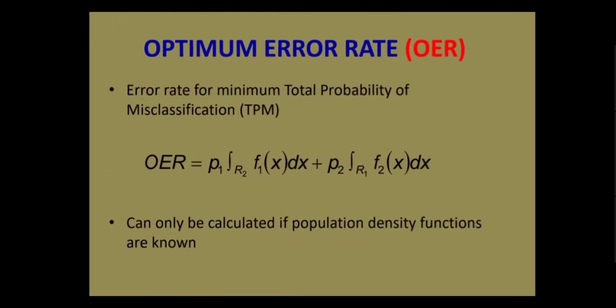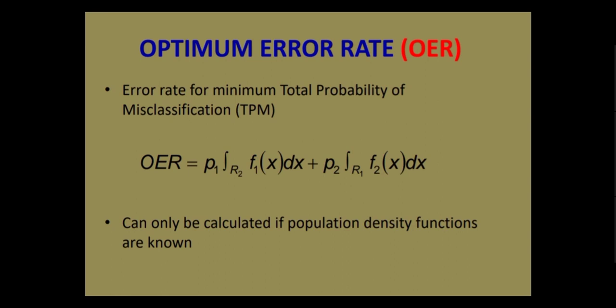For the first one, OER is the optimum error rate. It is the error rate for minimum total probability of misclassification, TPM. To calculate this error rate, we need to know the density function for the variable.